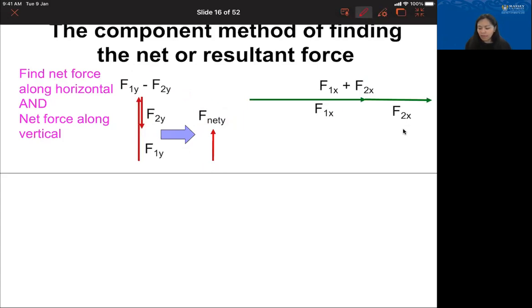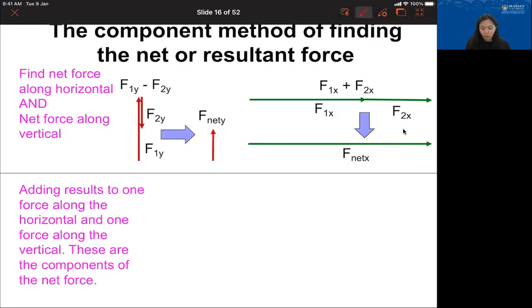We do the same thing for the horizontal components. We have two horizontal components in the same direction. We add them up, so we end up with a single horizontal vector that gives us the net force along the horizontal, the net force along the x-axis. So we have these two net forces.